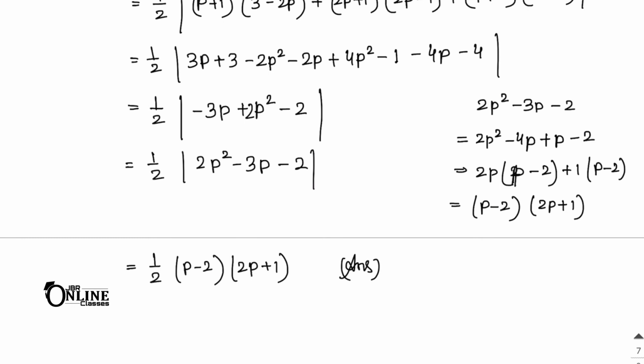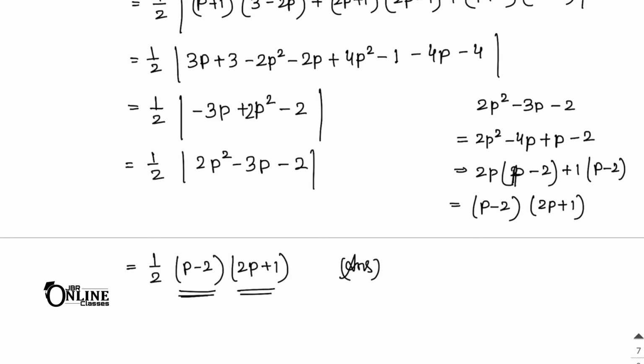Now you have to also show that the points are collinear if p equal to 2 or minus half. So if p equal to 2, then that portion will be 0, or if p equal to minus half, then that portion equal to 0. Okay, now as they are in the product form, so if 1 will be 0, then the whole answer will be 0.